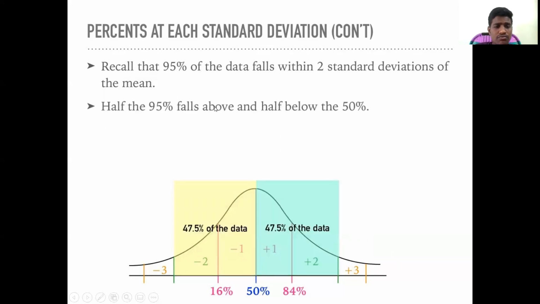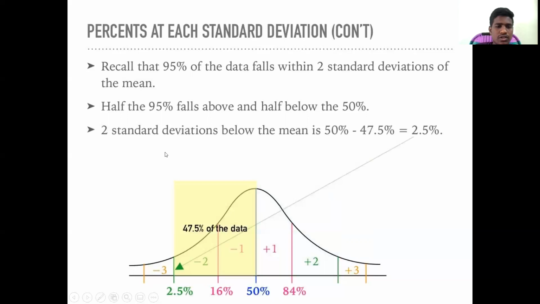Half of the 95% falls above and half below the 50% line. 95 divided by 2 is 47.5, so 47.5% is on the left side of the mean and 47.5% on the right side. 2 standard deviations below the mean is 50 minus 47.5, equal to 2.5.